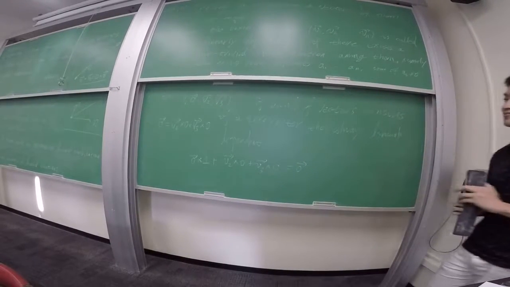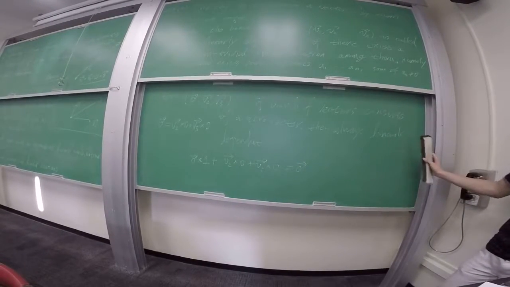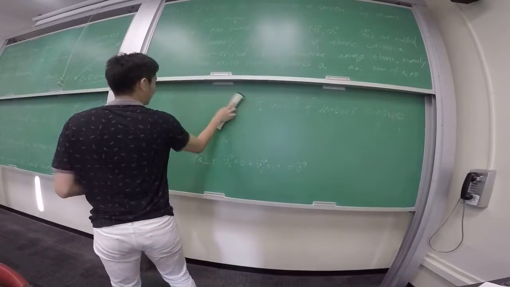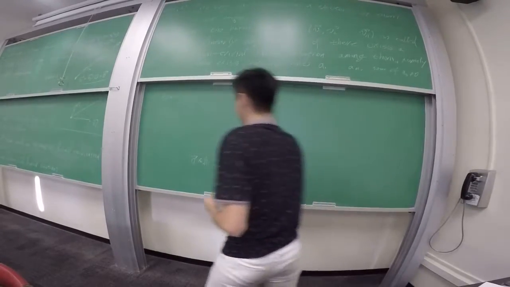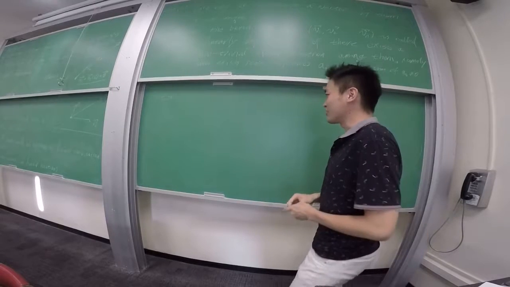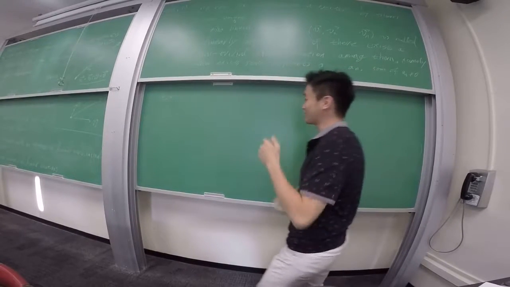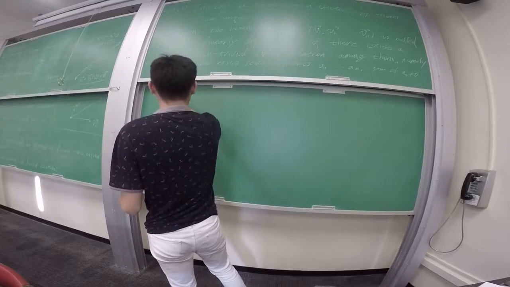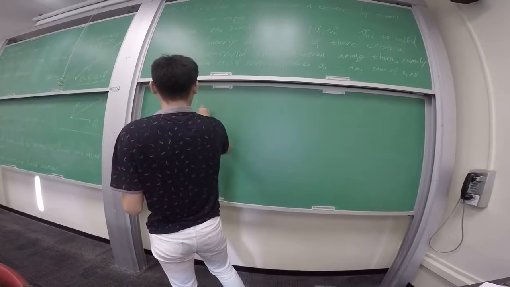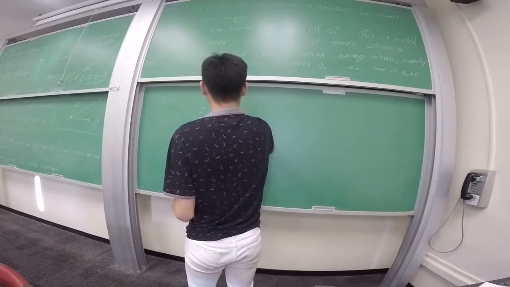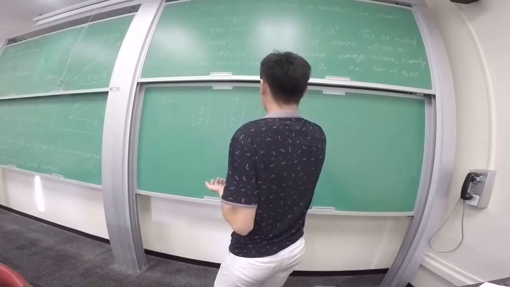Okay, so let's look at other examples. Can I erase this part? Yeah. Let's restrict ourselves to this one blackboard. Let's look at something easier, right? So I just give you several vectors: (1, 0, 0), (0, 1, 0), and maybe (2, 3, 0).